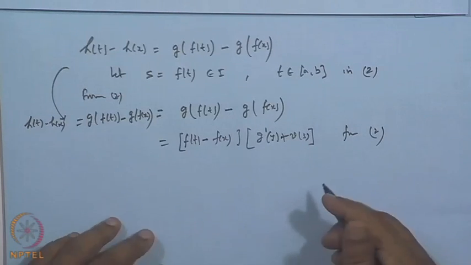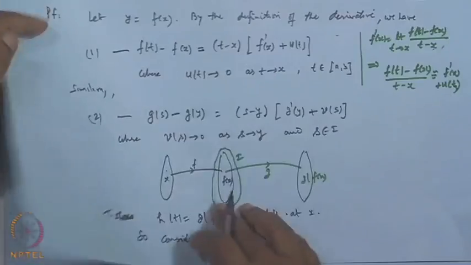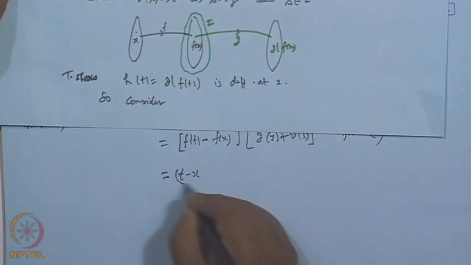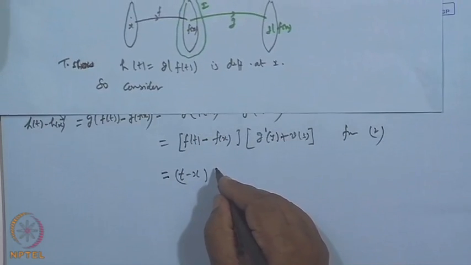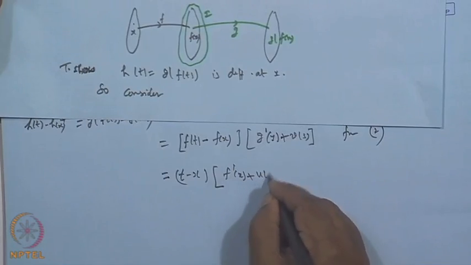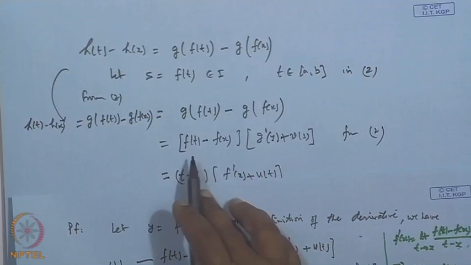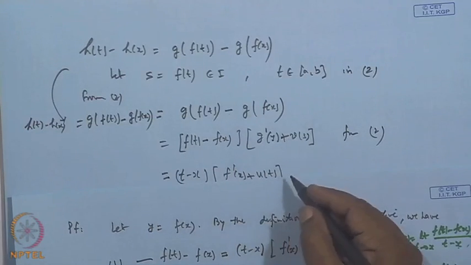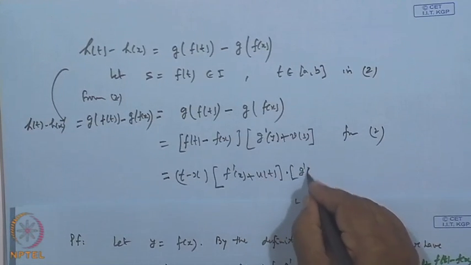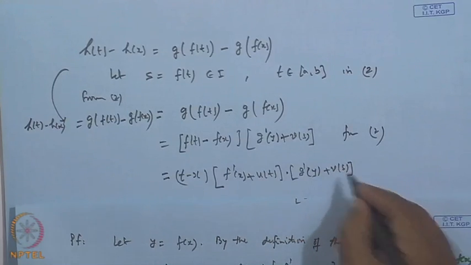Now, use the first: f t minus f x is t minus x into f prime x plus u t. I replace this value by this, and here g prime y plus v s remains as it is.